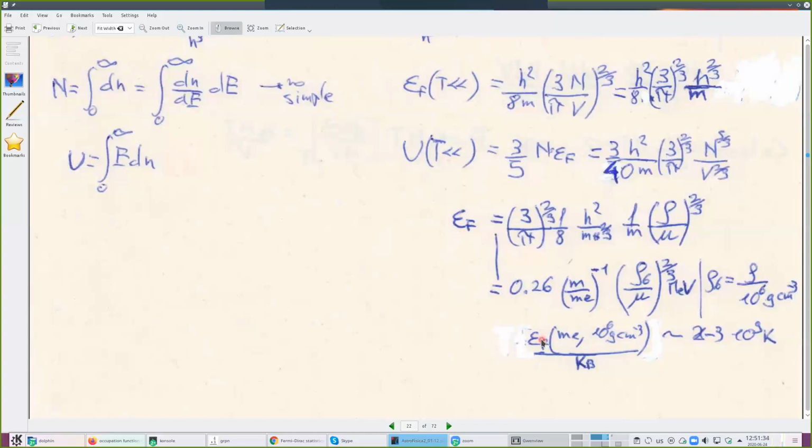That means the Fermi energy divided by the Boltzmann constant. For electrons at this density, it is 2-3 billion Kelvin, so you need a lot of energy.